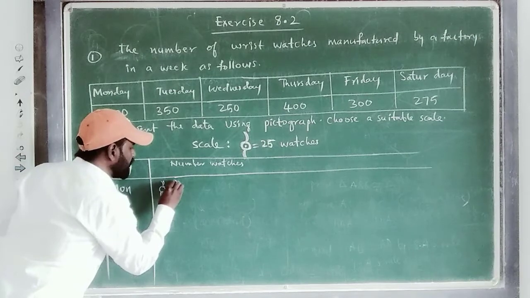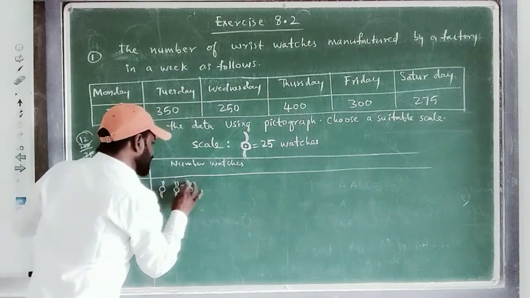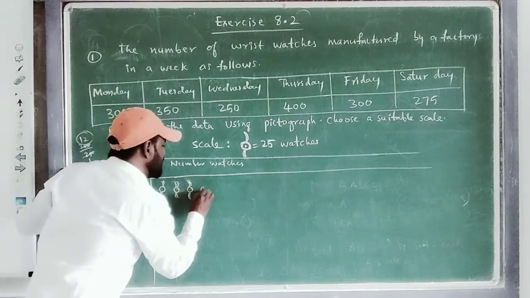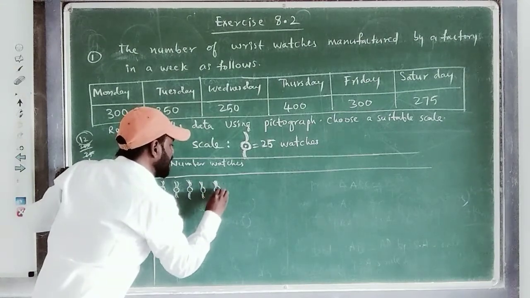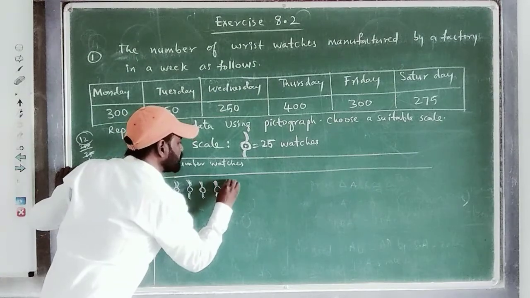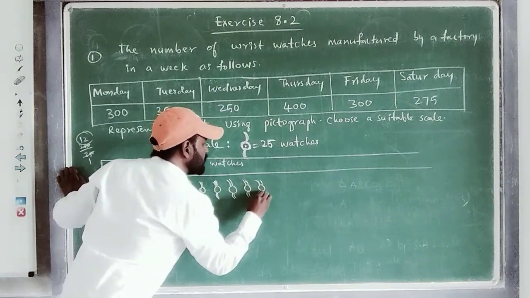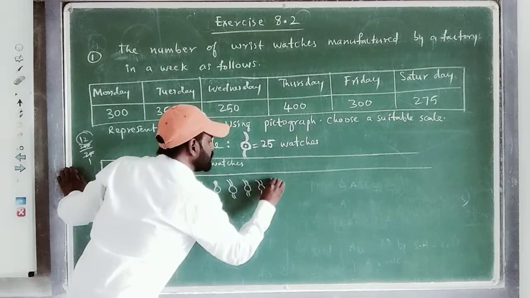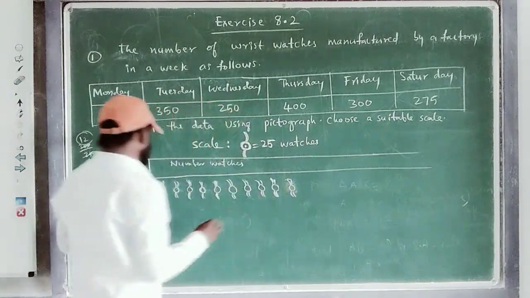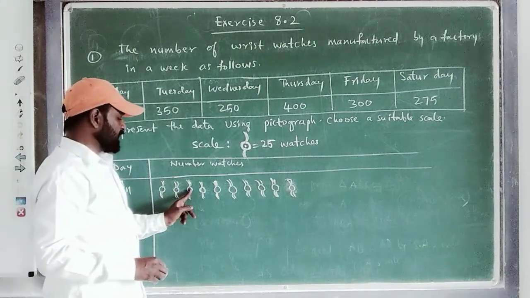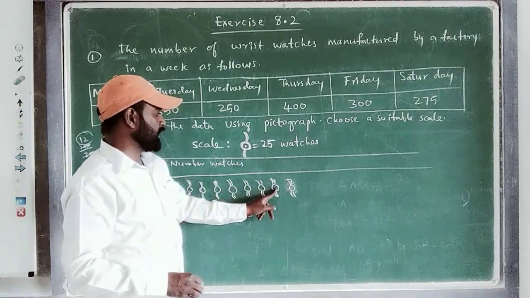So I am drawing it: 1, 2, 3, 4, 5. All do not look the same, but we should try to draw them equally. 25 plus 25 is 50, plus 25 is 75, 100, 125, 150, 175, 200, 225, 250.